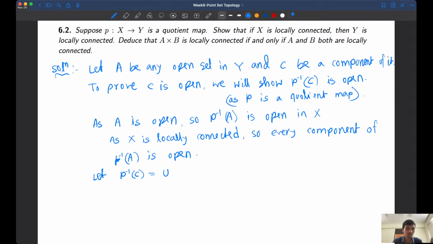So let's say this is the union of C alpha over alpha in some indexing set, where the C alphas are components of P inverse C. Okay, so if I can show that each C alpha is open, then I'm done.